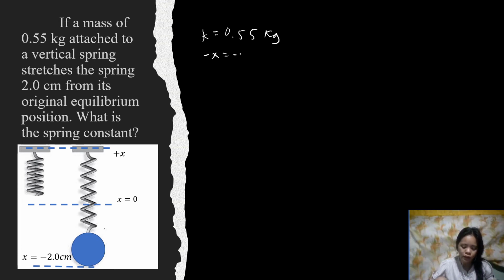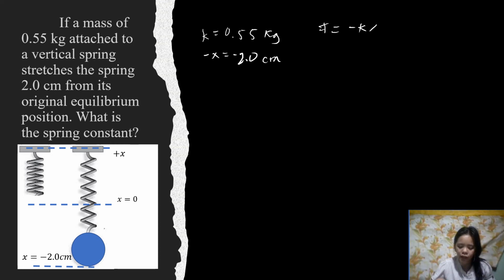The given is m equal to 0.55 kilogram, x equal to negative 2 centimeter, and our formula is F equals negative kx. Since we are going to find k, k is equal to F over negative x.